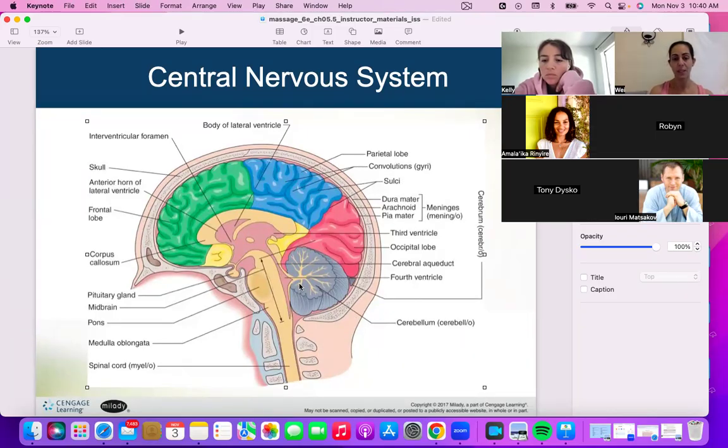We're going to discuss it in a minute. We got the midbrain, which is an extension of the spinal cord that houses the pons. Other important parts of the brain are the pituitary gland, and of course the cerebellum. And that should help us get an idea of the different parts of the brain.